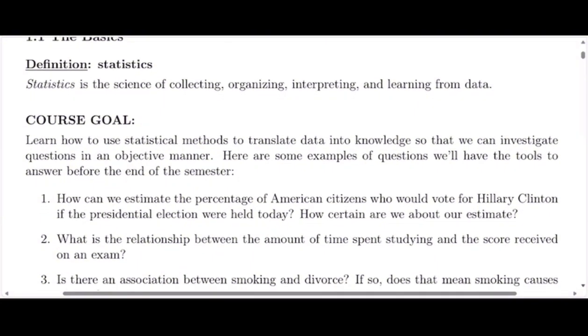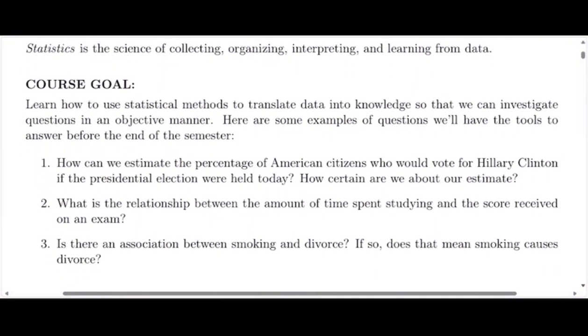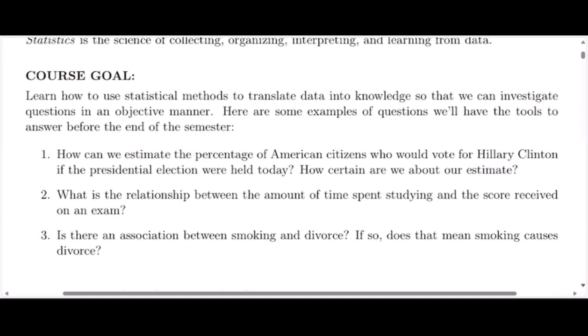This instructor material was produced at the time when Hillary Clinton was contesting for president in the United States, but right now I'm going to reframe this. There's a question coming from political space: how can we estimate the percentage of American citizens who will vote for a particular candidate if the presidential election were held today?